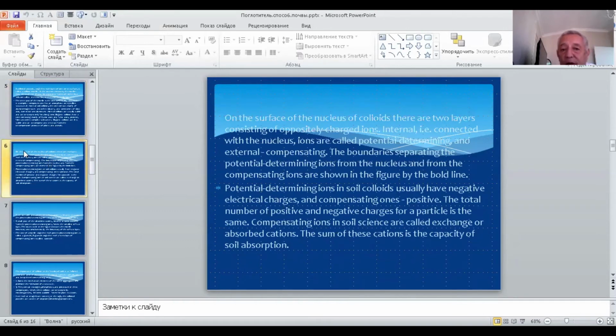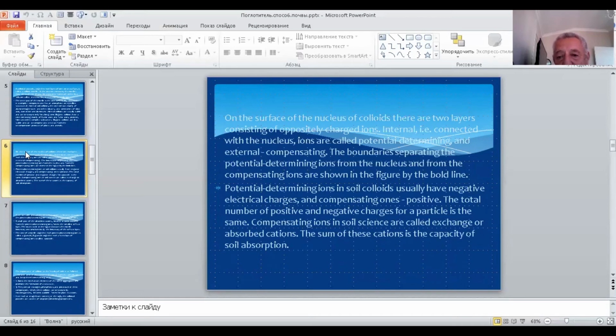On the surface of the nuclei of colloids, there are two layers consisting of oppositely charged ions: internal, i.e. connected with the nucleus, and external. The ions are called potential-determining and compensating.